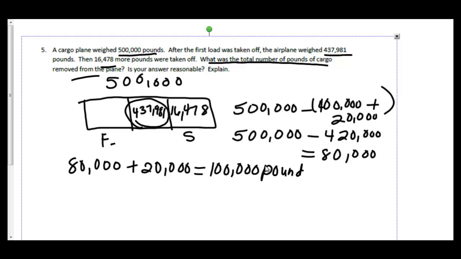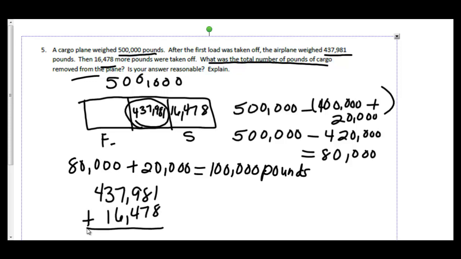Now I'm going to find the actual answer. So I'm going to figure out what the first load weighed. So I'm going to take 437,981 plus 16,478. I'm going to find out how many pounds that was.